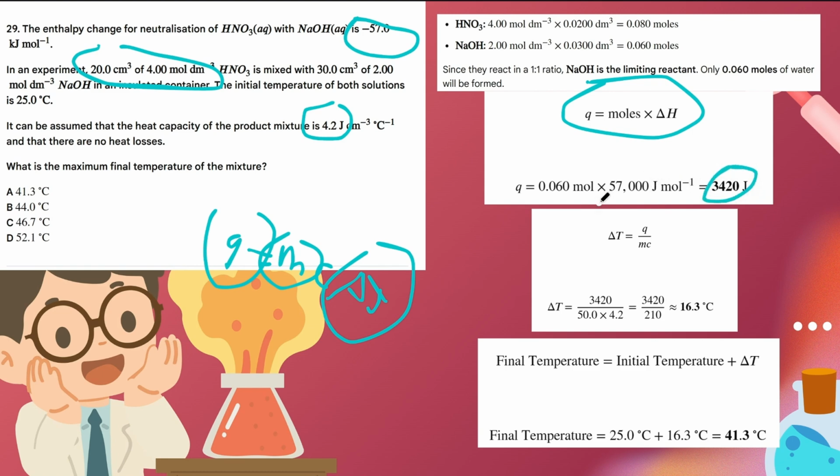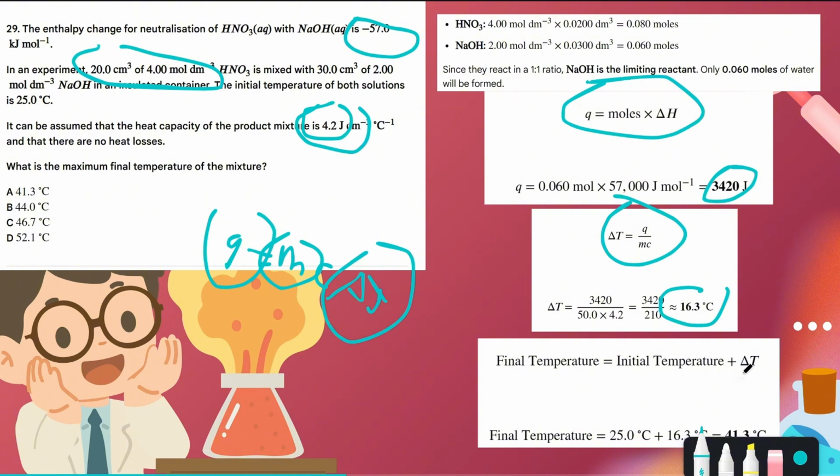And then, yep, to find the delta T, we make this as an equation. And then, as I do it like this, the Q is this 3,420 joule, while the mass is 50, as I told before. 4.2 is like a constant number. Make it the delta T is here. Delta T is final minus initial.